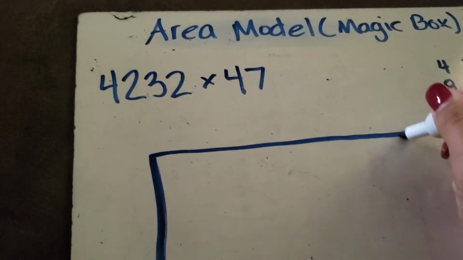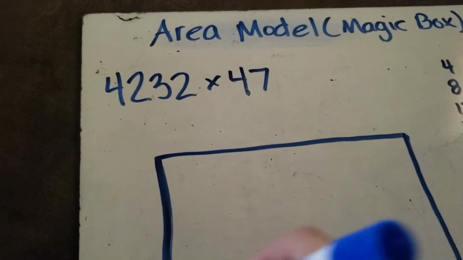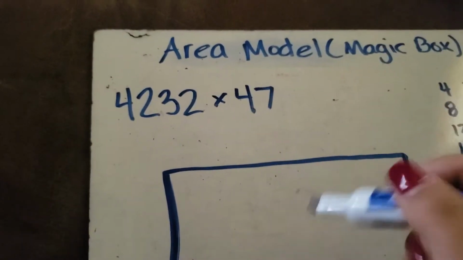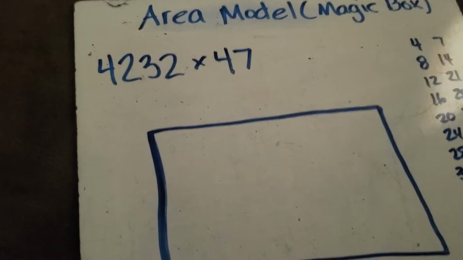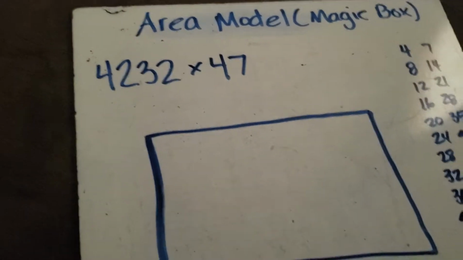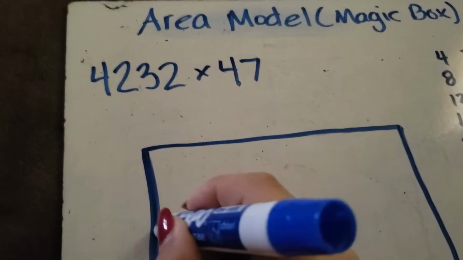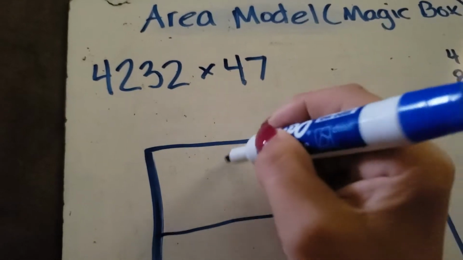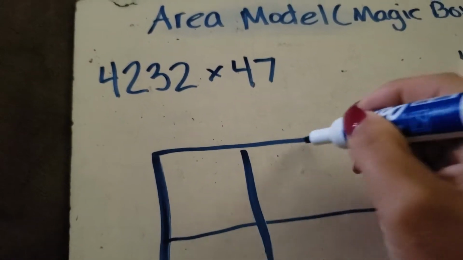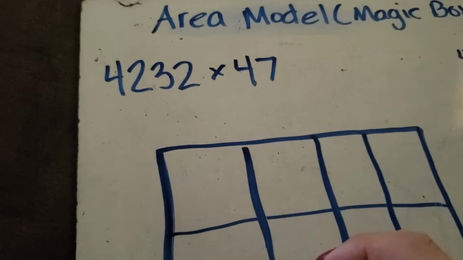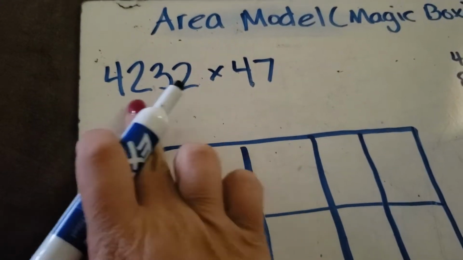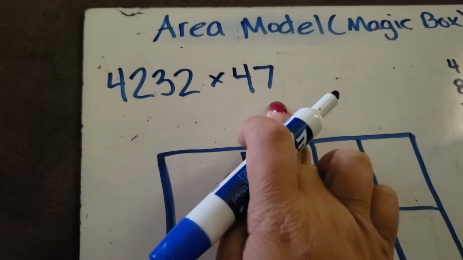I am gonna draw a box, and I am gonna make it 4 by 2. I'm gonna make this box 4 by 2. So the reason why I'm doing this is because I have 4 digits and 2 digits.